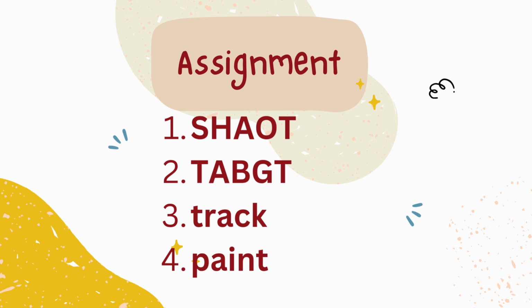Now let's proceed. I have here another assignment for you. Numbers 1 and 2 are outlines, and numbers 3 and 4 are words. For numbers 1 and 2, you're going to give me the English words of these outlines. For numbers 3 and 4, you're going to give me the outlines for these English words. Please comment your answers below.